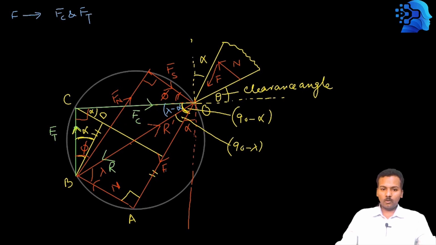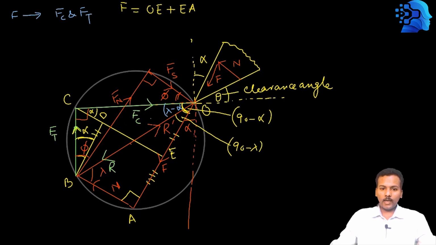Now we here want to calculate the relationship of F in terms of Fc and Ft, cutting force and thrust force. This force F can be written as equal to this plus this value. So F can be written as OE plus EA.